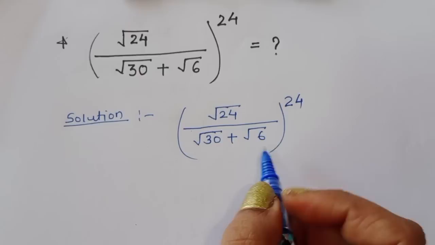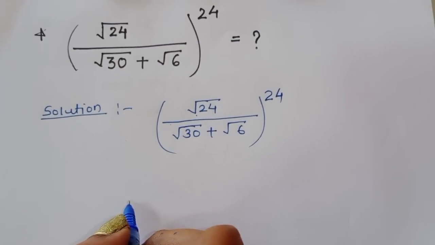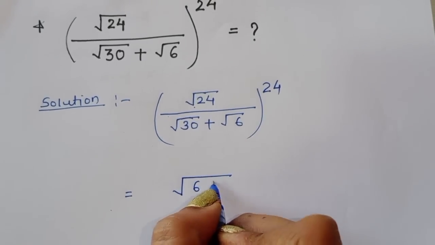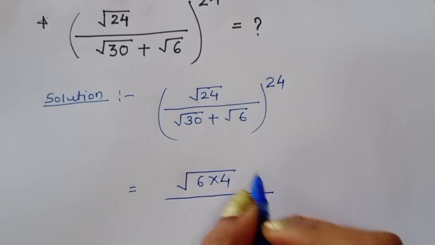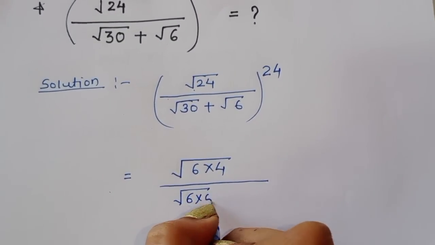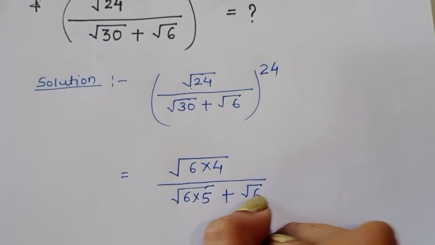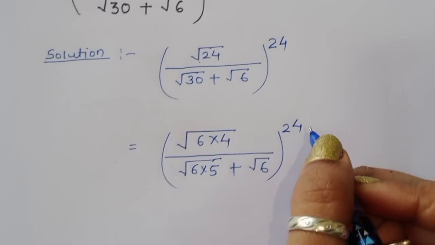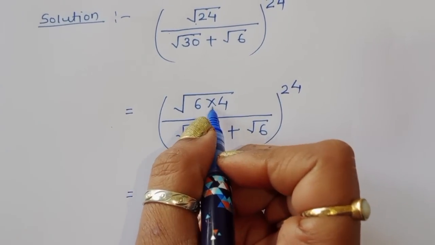So let's start. This is square root of 24, so we can write 24 as 6 times 4. 24 divided by 30, so 6 times 5. Square root of 30 plus square root of 6, whole power 24, is equal to square root of 6 times square root of 4.